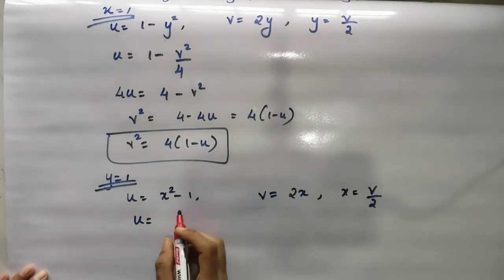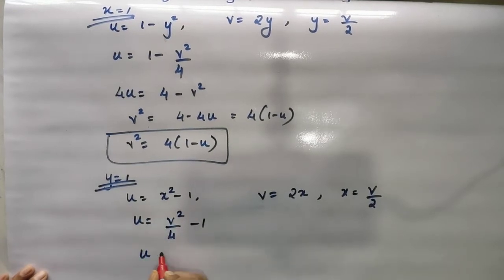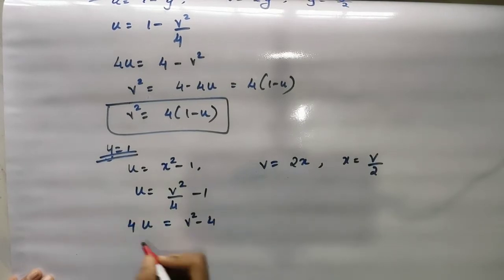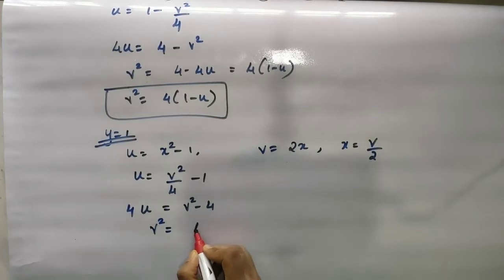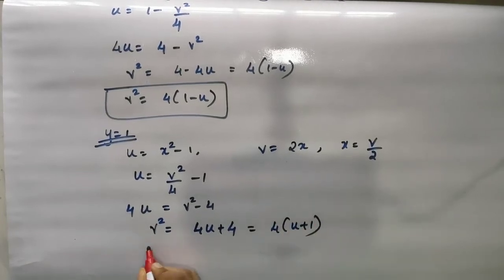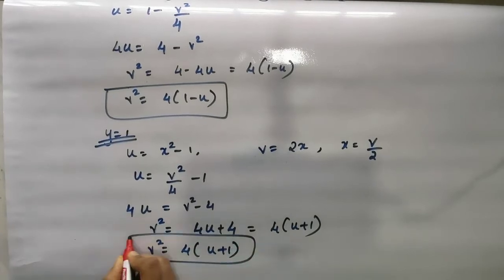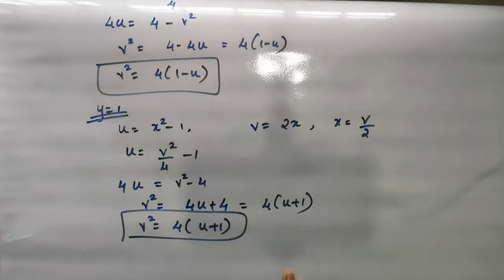So u will be v square by 4 minus 1, and I want v square separated from here. You see that it will be 4 times u plus 4, that is 4 times (u plus 1), or v square is equal to 4 times (u plus 1). So this is the image of the line y equal to 1. So we have done with the other part as well.